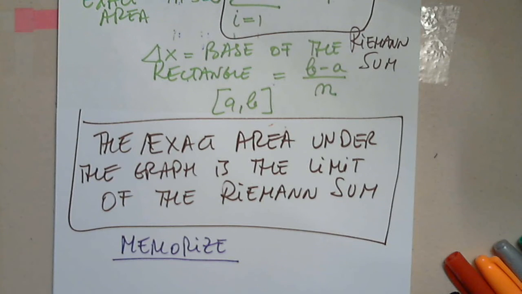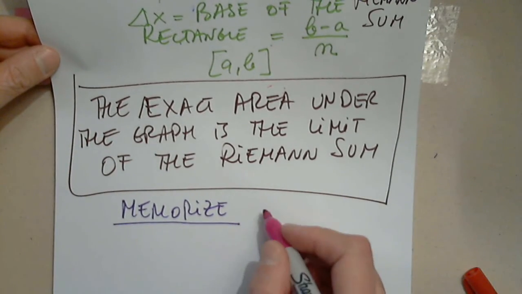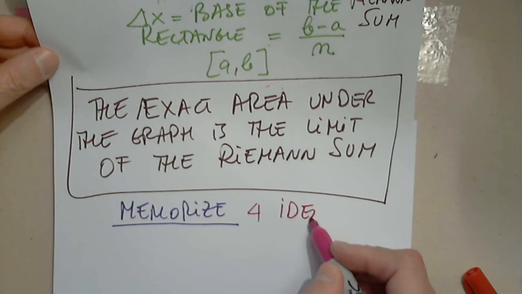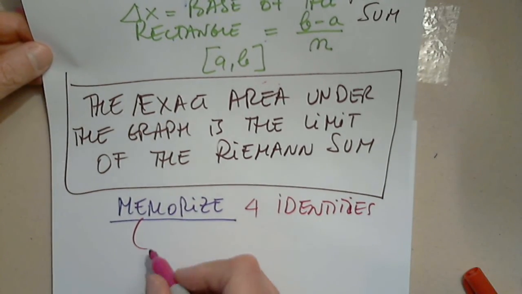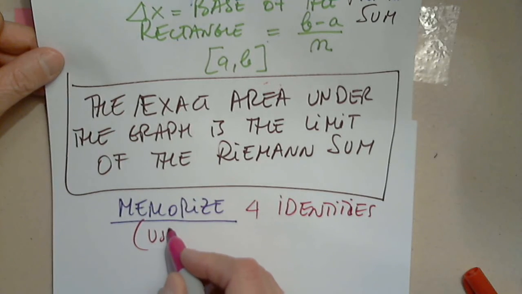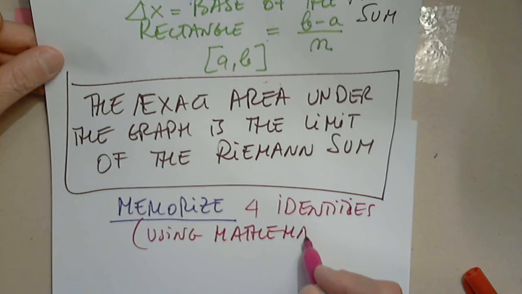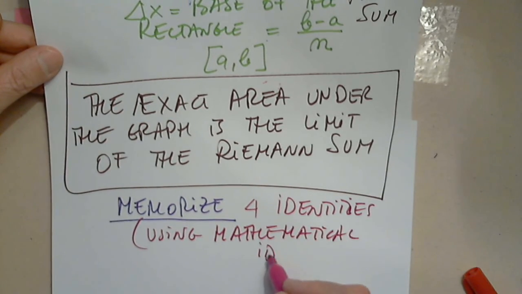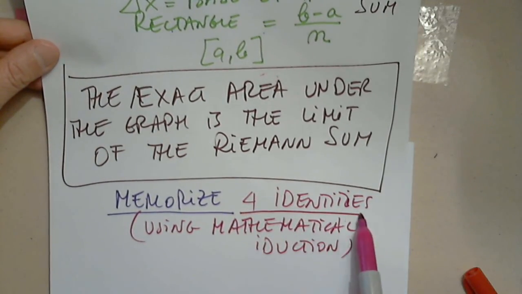But memorizing just numbers or an expression is not something I like to do, but we have to do it now, and I can prove any of those if you'd like. We can prove what I'm going to show. So these are 4 identities. They can be proven using mathematical induction.